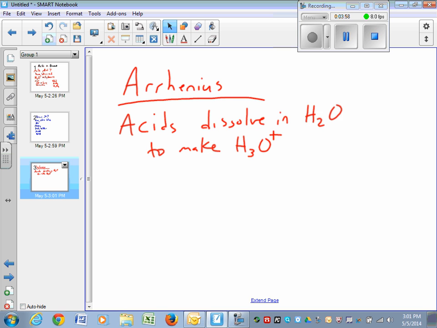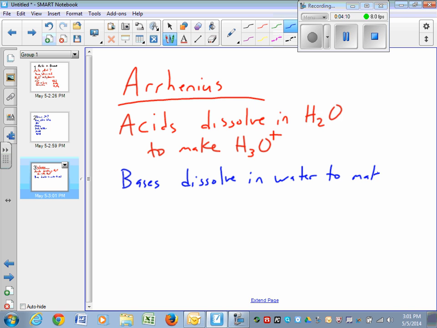And bases dissolve in water to make hydroxide. Most of you guys have in the past recognized acids and bases because acids start with H and bases end with OH. And that's the Arrhenius definition.